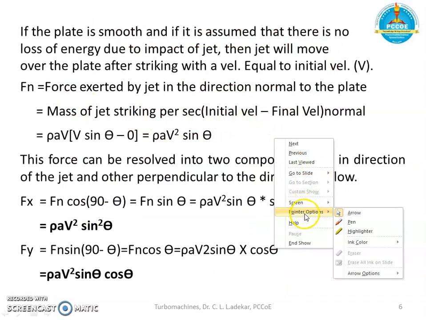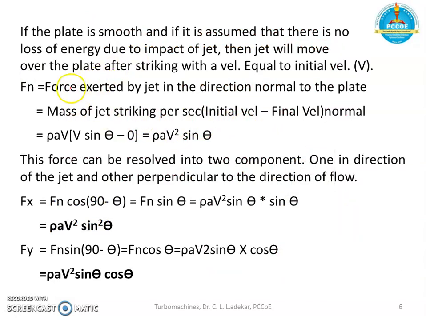Same thing is mentioned here. You can calculate the force in the normal direction as rho a v square sin theta, because v sin theta is the velocity in the normal direction and the final velocity in the normal direction is 0. So Fn is equal to rho a v square sin theta. If you want to calculate Fx, the force in the x direction, Fn makes an angle of 90 minus theta with Fx.